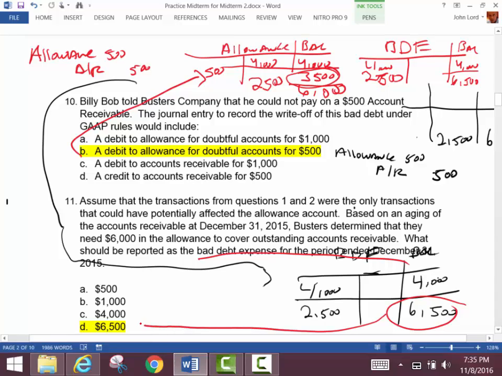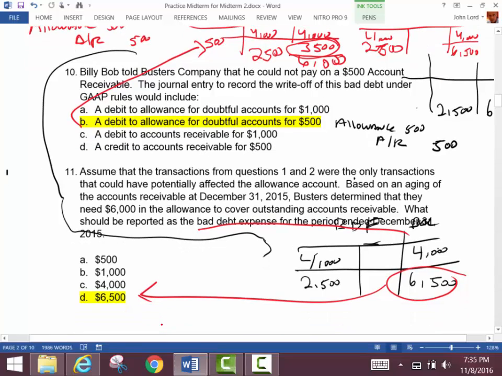You're seeing the same thing over here that I wrote up there. There's that $6,500, right? So I put an amount in at the beginning of the year, and then I do a year-end analysis by performing an aging of the accounts receivable. That determines how much I need to adjust the allowance. And in this example, I put more in, didn't I?